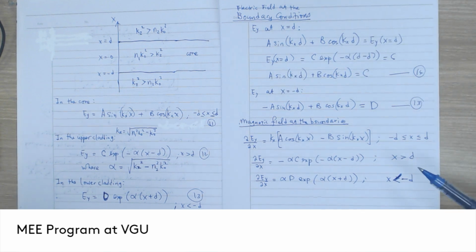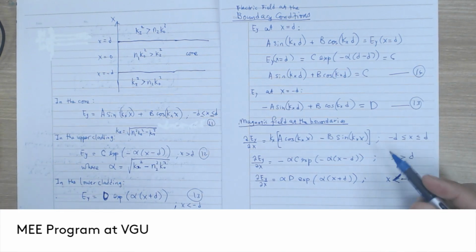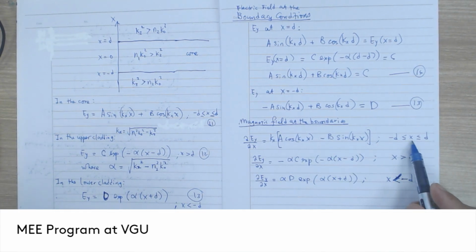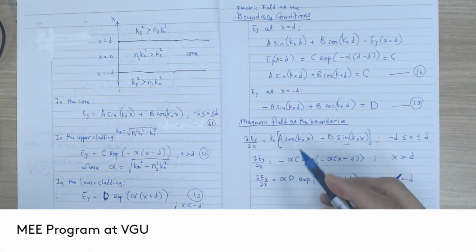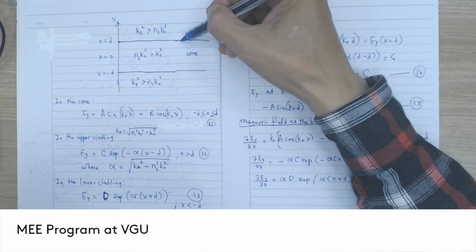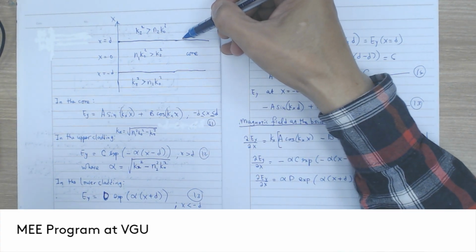Now, the magnetic field at the boundary should be continuous as well. Given that there is no charge on the surface, it should be continuous. This means when you consider the upper boundary, it should be the same.